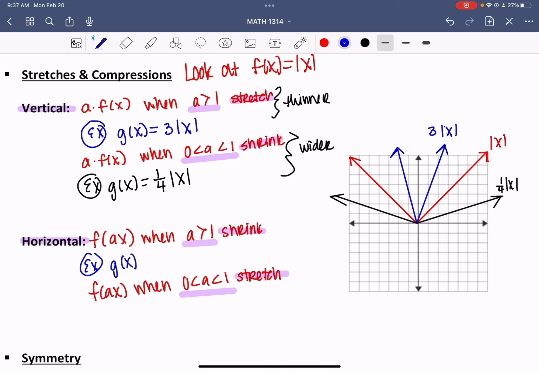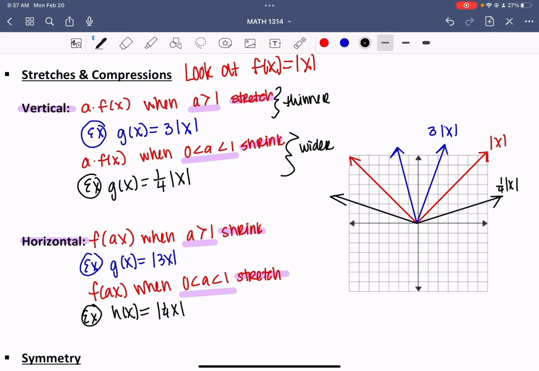That would be when g of x is equal to absolute value of 3x, or this would be the case of h of x equal to 1/4 x. And I'm not going to graph those two, but I just want you to understand the vocabulary and have this piece as you go forward with your notes.